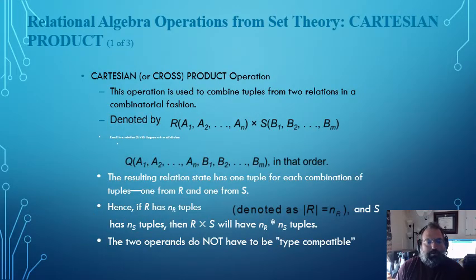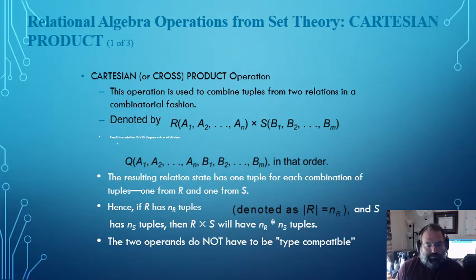The Cartesian or cross-product operation. This operation is used to combine tuples of two relations in a combinatorial fashion. It's denoted by R(A1 through An) × S(B1 through Bm). It results in a relation Q(A1, A2, ..., An, B1, B2, ..., Bm) in that order.